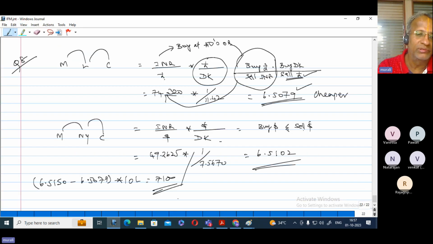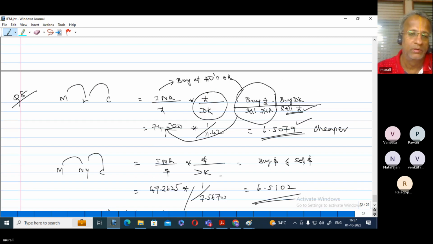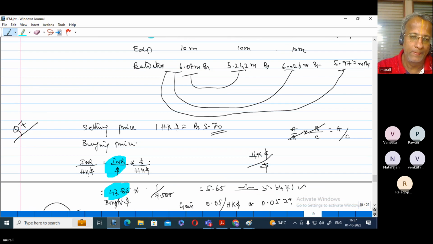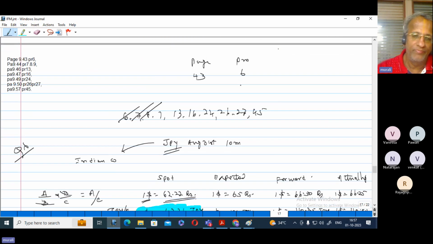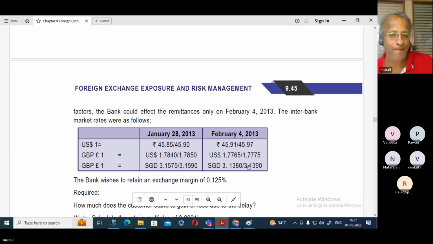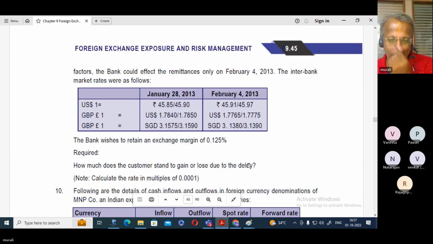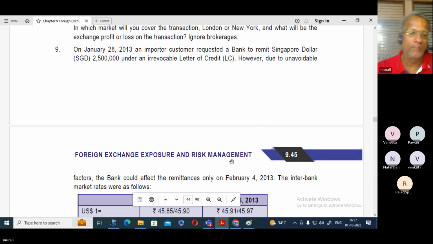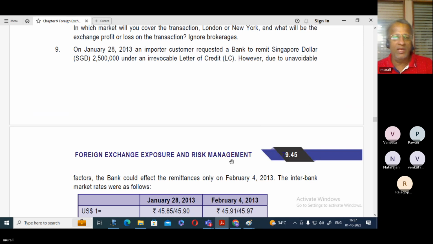Then comes question 9. On January 28th, 2013, Rajagopala, could you read this out?